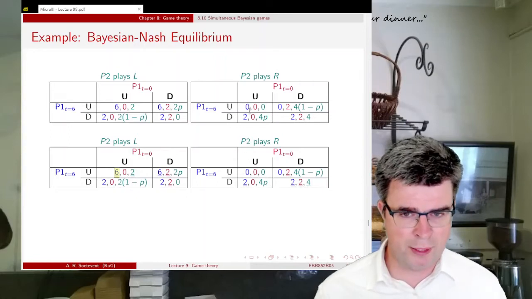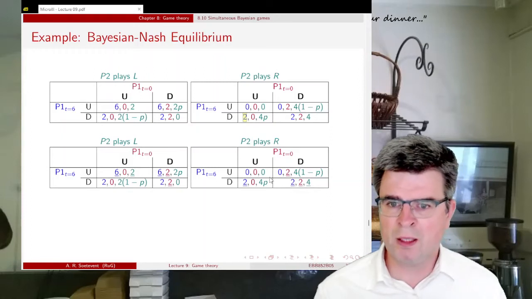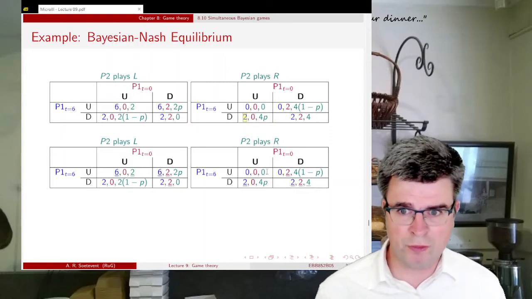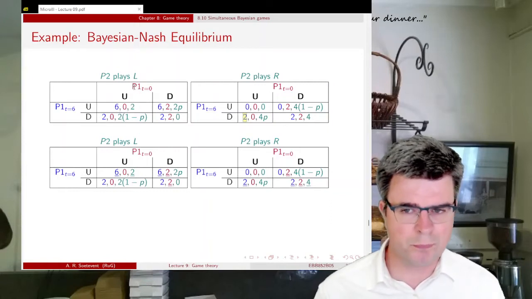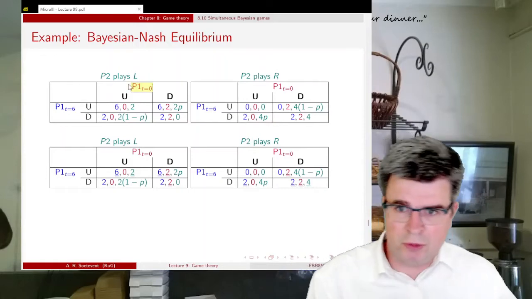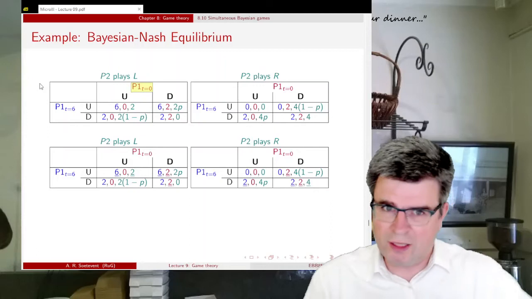If player 2 plays right, it's optimal for me to play down. So there's a line here. Similar for the player 1 of type T is 0. He compares 0 and 2. It's optimal to play down if player 2 plays L. And also here. You can see that these two entries are always identical, because the payoff to player 1 when he's of type T is 0 doesn't depend on what he would do if he were of the other type, because he knows that he is not of the other type.